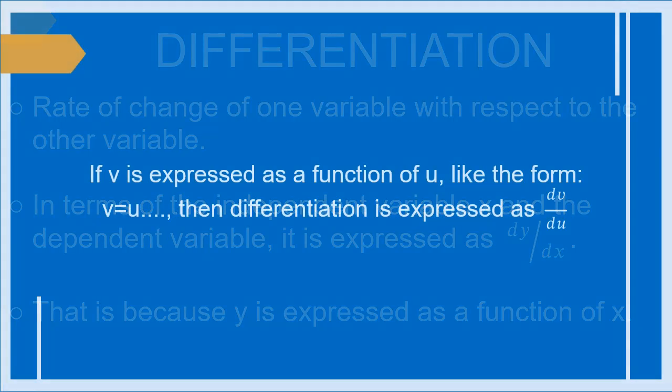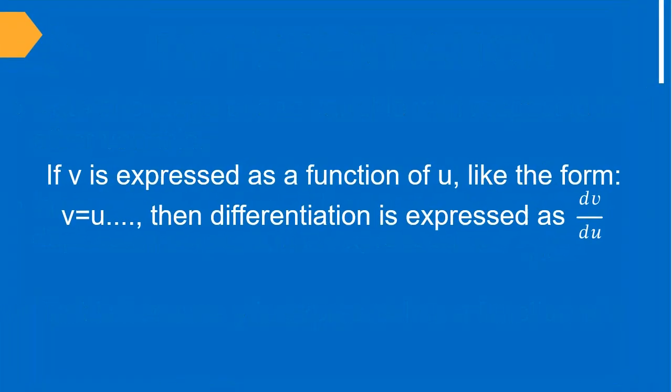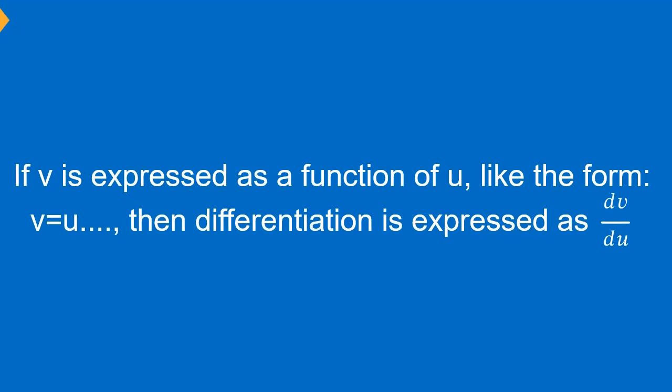In the same vein, if v is expressed as a function of u, like v equals to u and then maybe the arithmetic relationship between v and u, because v is at the left hand side and u is at the right hand side, to express that in terms of differentiation or derivatives, it's going to be dv by du. So by rule, whatever variable is at the left hand side is expressed in terms of the variable at the right hand side.